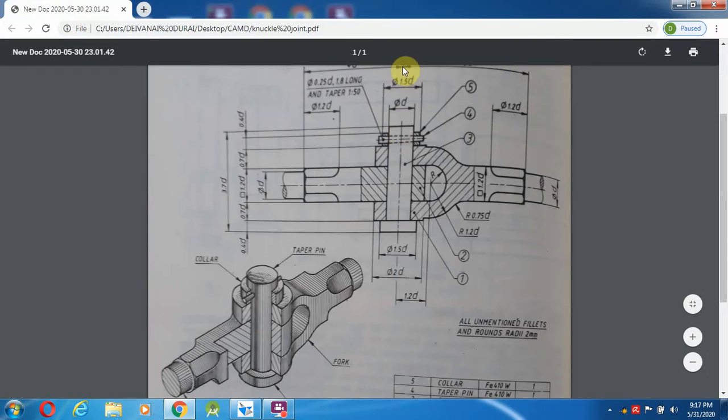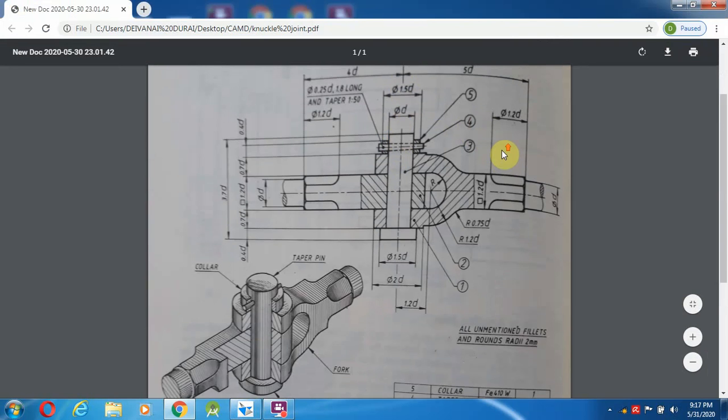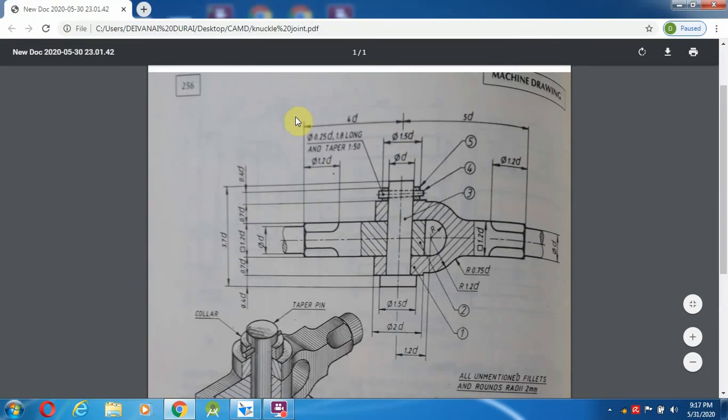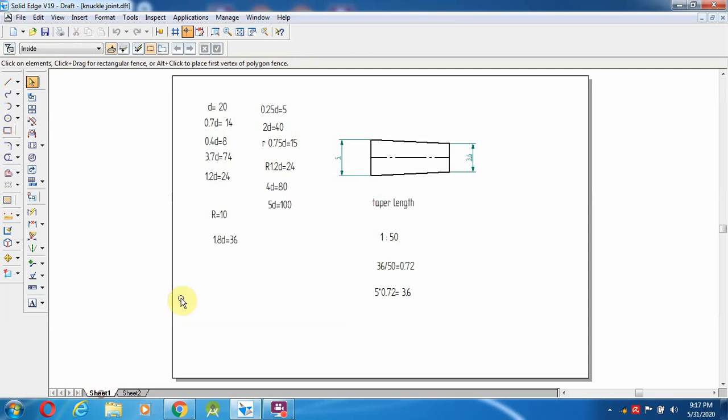From the middle to this side, up to the rod end, the square, it is coming 4d. This end, the square surface, it is 5d. So 4d and 5d is the value. 4d is 80, 5d is 100 coming over there.